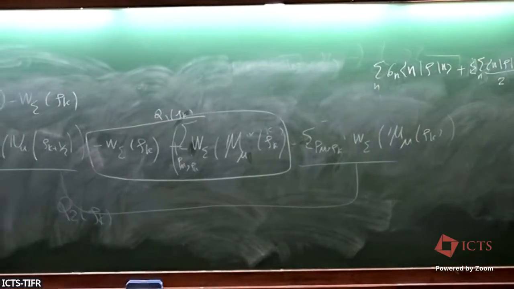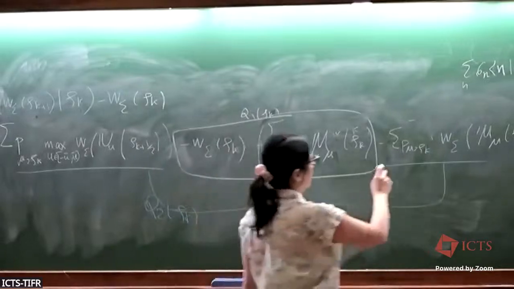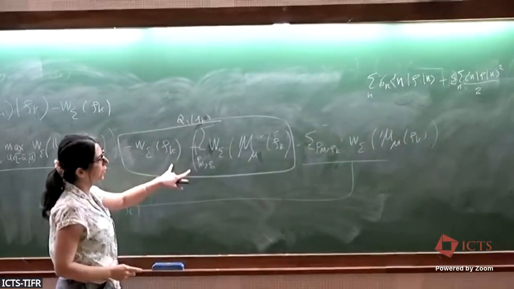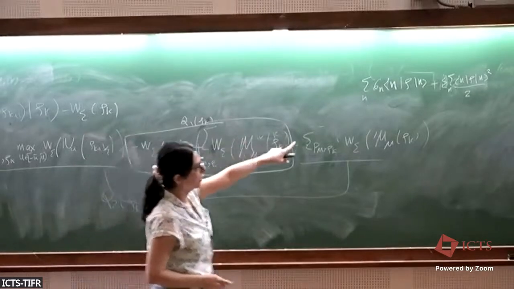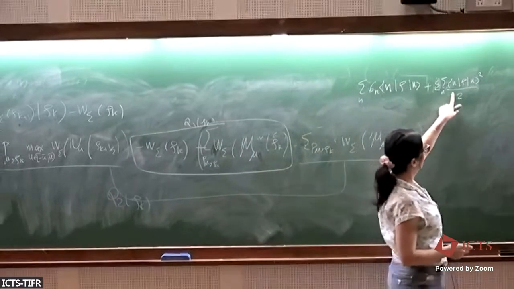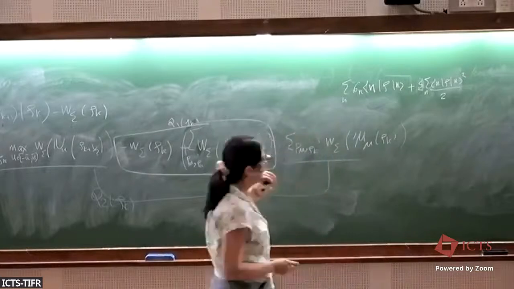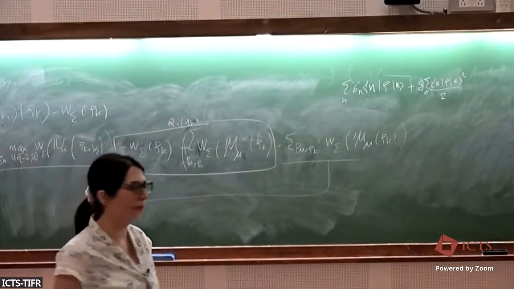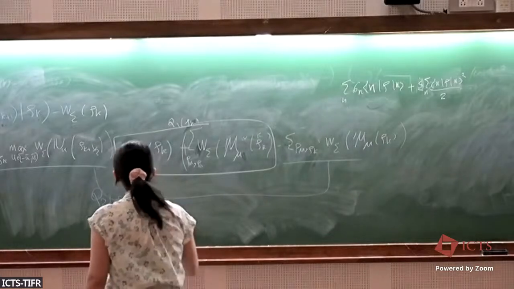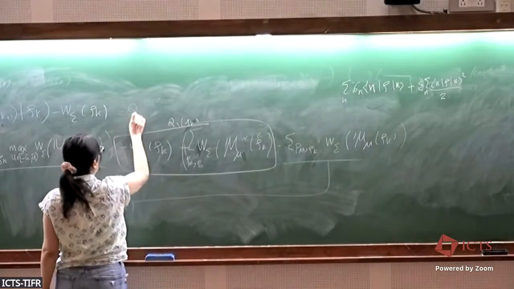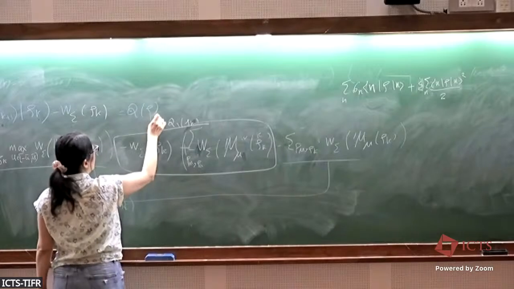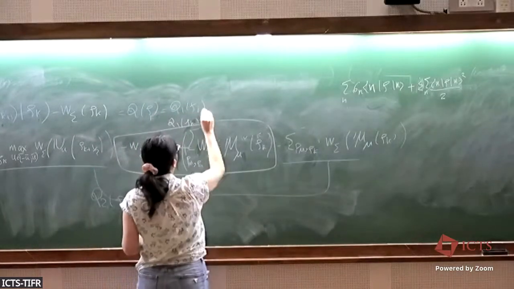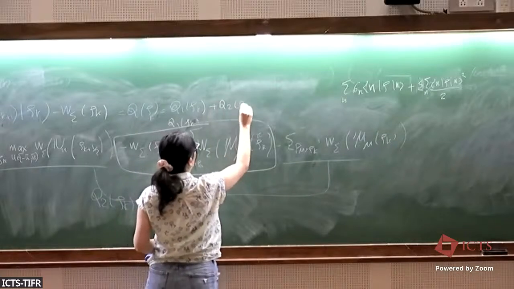And now, this is a martingale, okay? So if you take the difference between these two, then the first term is cancelled. So the only term which appears is this. And you know this in the open loop because you studied this before, right? So I will call it Q, which is Q1 plus Q2 of rho k.